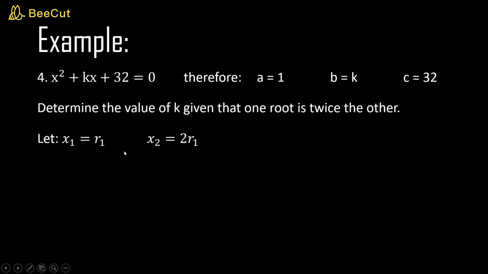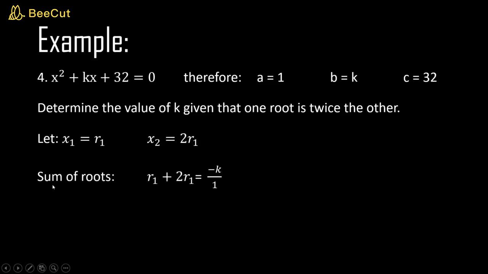It doesn't matter if it is x sub 1 or x sub 2, as long as one root is twice the other. It depends on you how you solve it. But we are going to use x sub 2 as the root that is twice x sub 1.